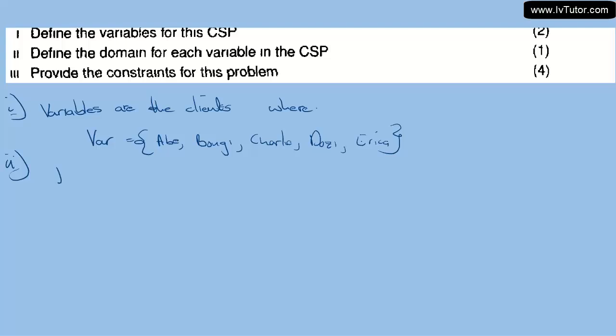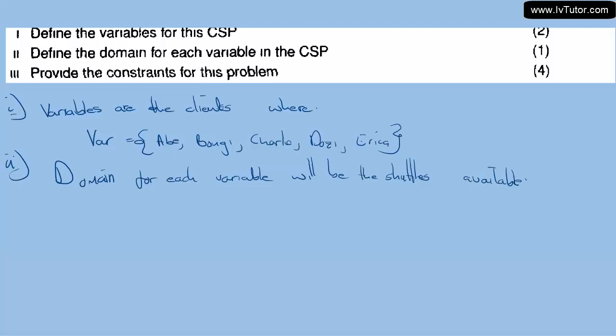So the domain for each variable will be the shuttles available. Okay, right. So that will be the domain.